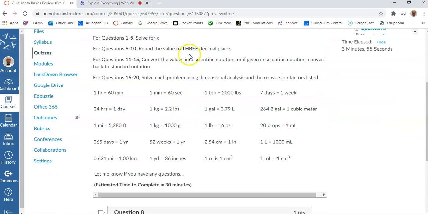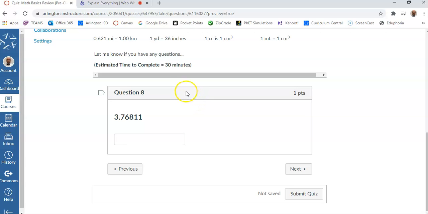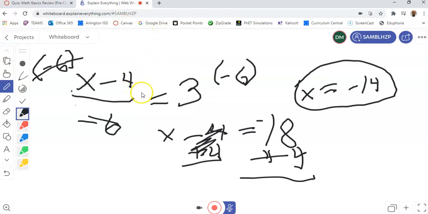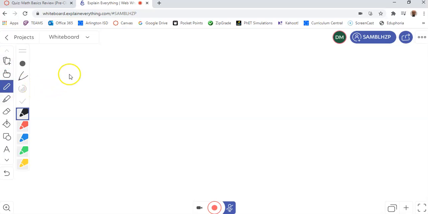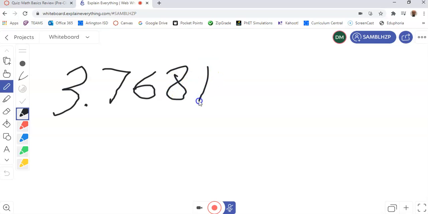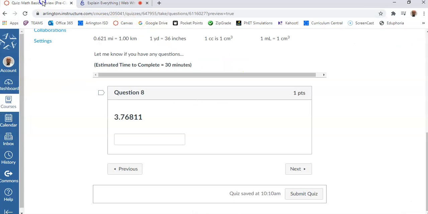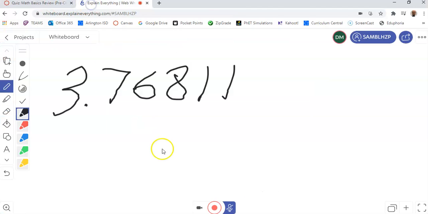It says round to 3 decimal places. 3.76811. Make sure that was right. It was. If we're going to round to 3 decimal places, it's going to be that number right there.